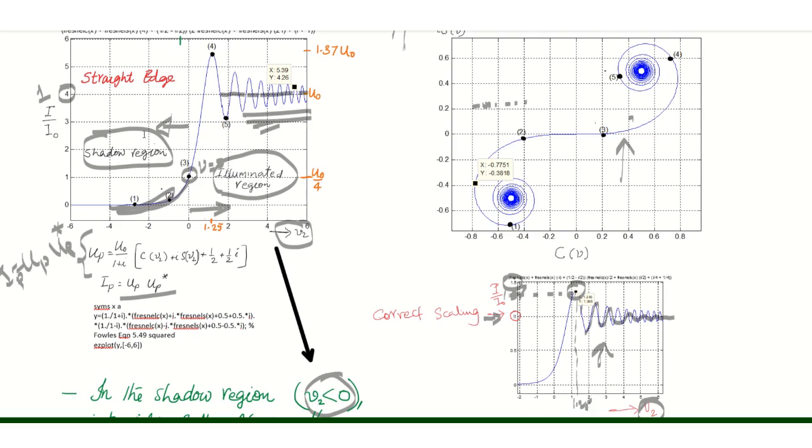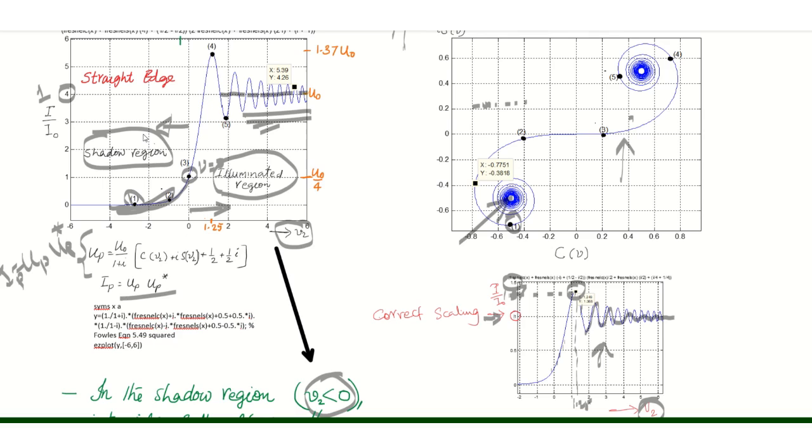Let's say if you were to do this using the Cornu spiral, V1 is minus infinity. That is this point here. Now, for all these values, I have some corresponding values. This is 1. This is 1.